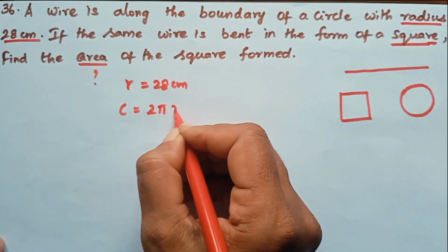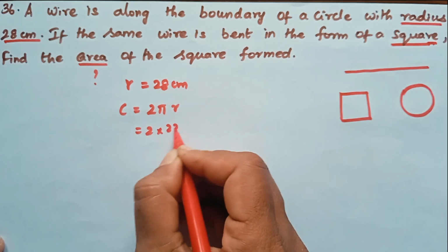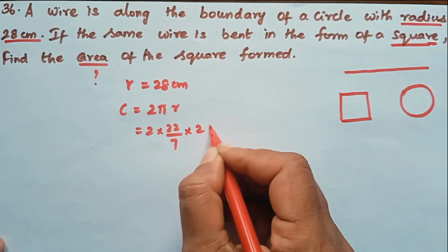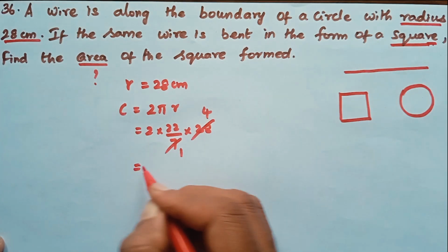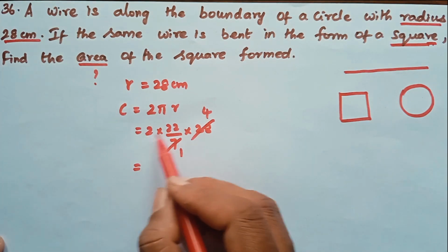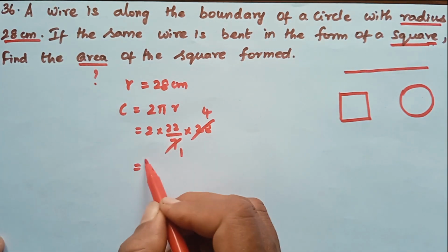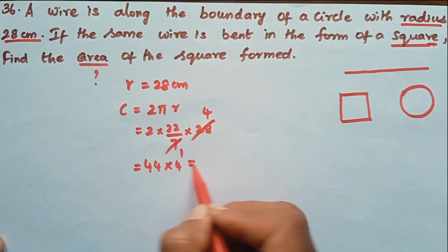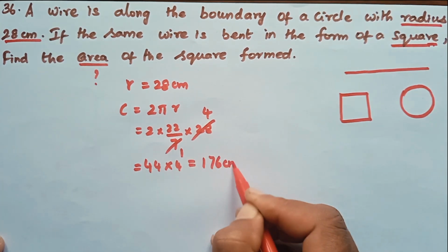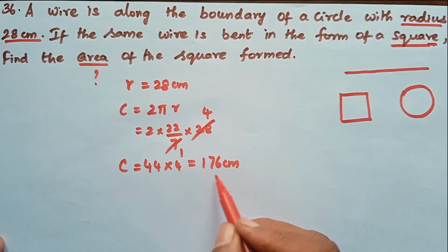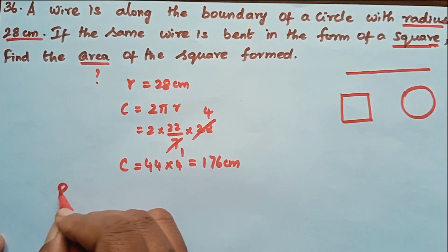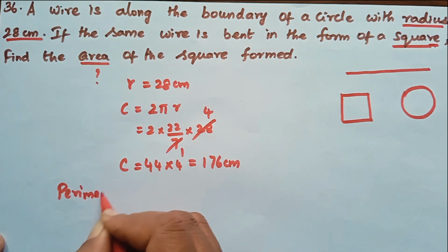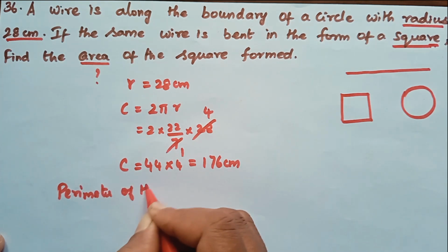C is equal to 2 pi r. 2 into 22 by 7 into r, which is 28. Cancel out using 7 tables, 7 into 1 time and 7 into 4 times is 28. So 2 into 22 is 44. 44 into 4, so we get 176 centimeter. The circumference C is nothing but 176 centimeter. This circumference is nothing but the perimeter of the square.